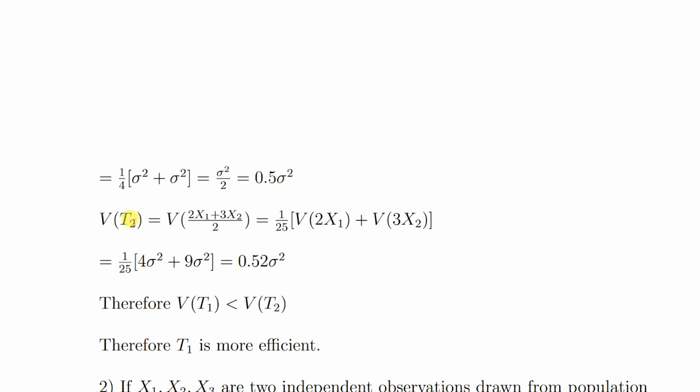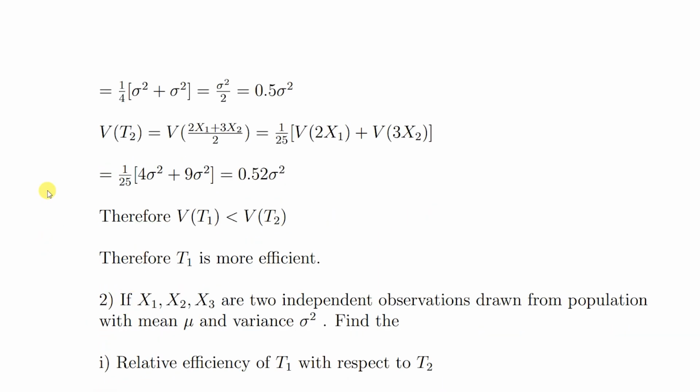Similarly, consider the variance of T2, which is 1/25 into (variance of 2x1 plus variance of 3x2). It gives 1/25 into (4 sigma square plus 9 sigma square), which is equal to 0.52 sigma square. Therefore, variance of T1 is less than variance of T2. Therefore, T1 is the more efficient estimator.